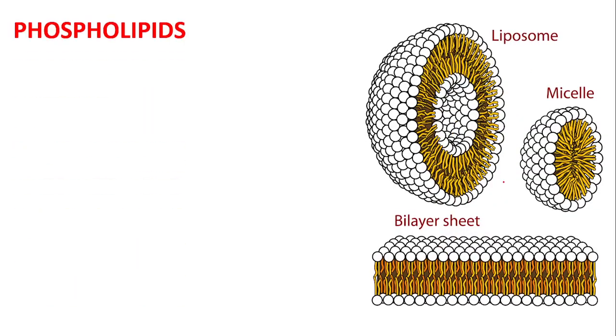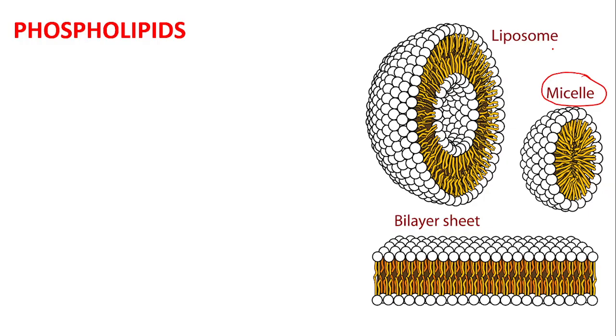Phospholipids are able to form a bilayer sheath in the cell membrane. This plays a role in the permeability of some substances through the cell membrane. They are also able to form the micelle.